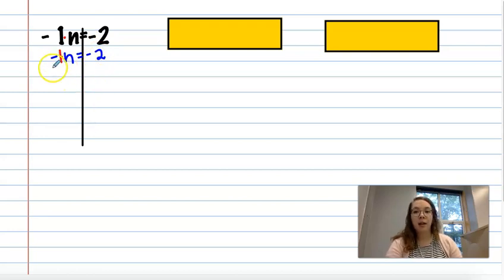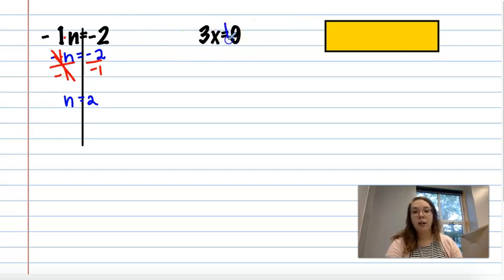So the opposite, how you get rid of it, is you divide by it. So here, that would cross out, okay? And you have n. -2 divided by -1. Two negatives make a positive. 2 divided by 1 is 2. So +2. All right.